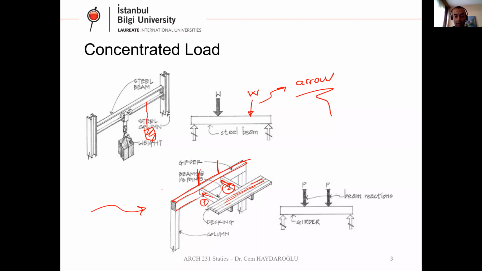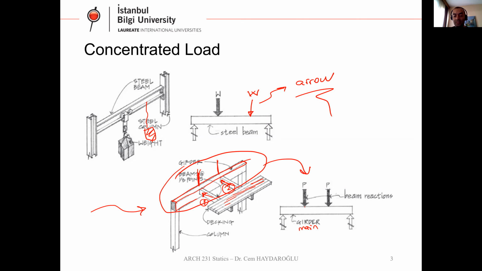Let's have a look at this beam. As you can see, this is the main girder. We have two beam forces coming from these two floor beams.